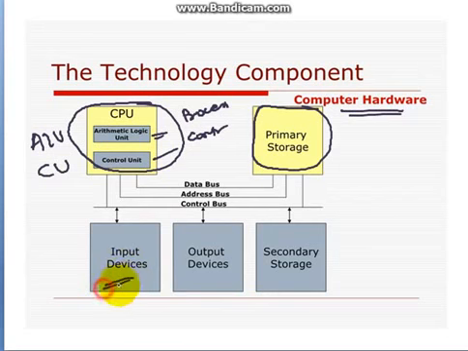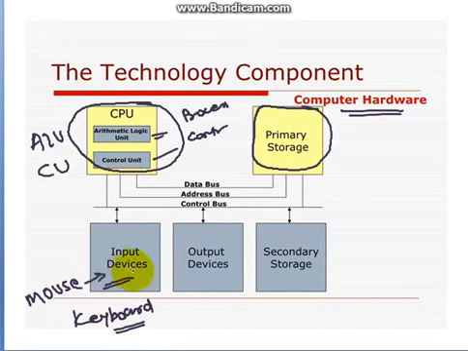There are input devices, for example, the keyboard is an input device which gives data. The mouse is also an input device which gives in the data. What are the output devices? A printer is an output device, or you can consider a plotter an output device.